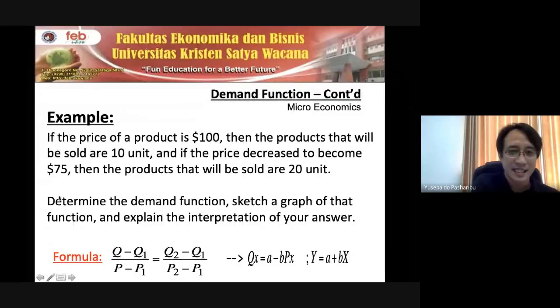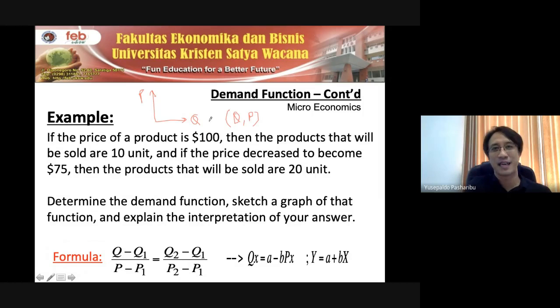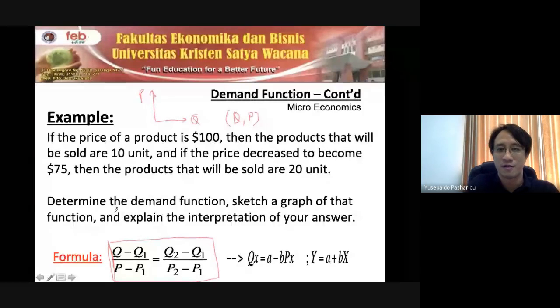Because in this case, we are talking about Q and P. If we make a graph, then this is the Q, this is the P. So the coordinate must be Q, P, instead of X, Y. Now the formula is no more X and Y, and we change the formula to Q and P. This is the formula if we have two coordinates and want to create a linear equation.